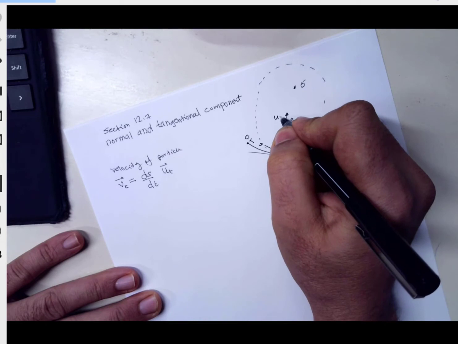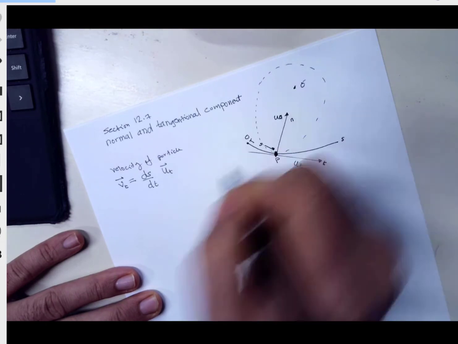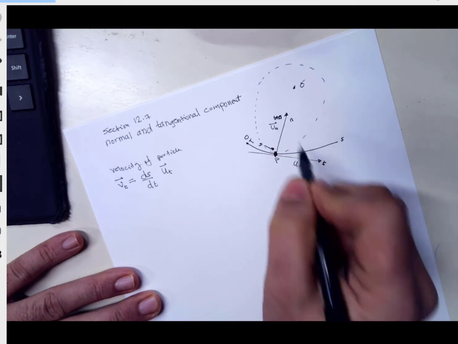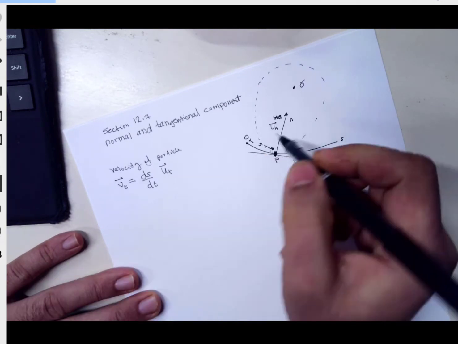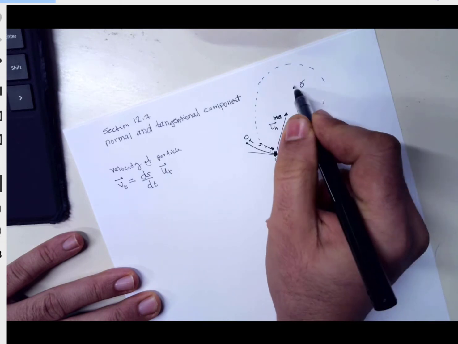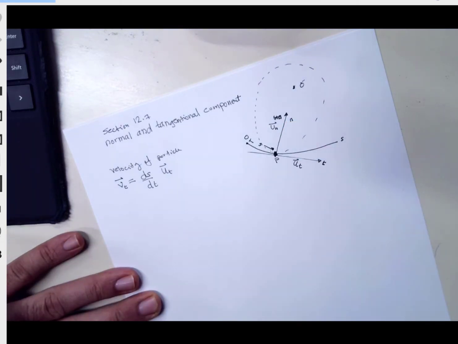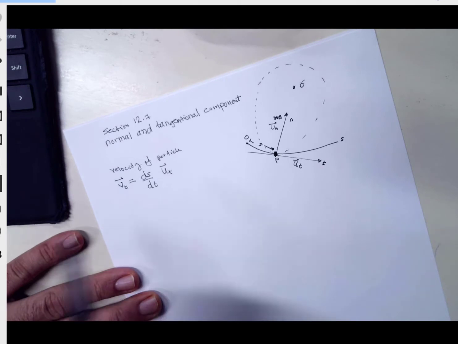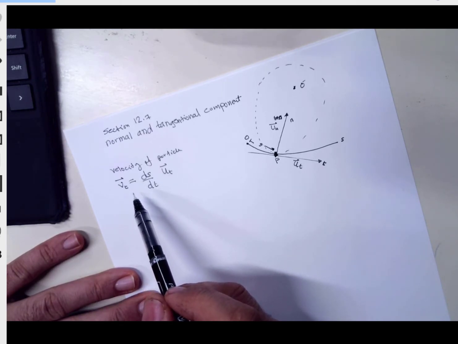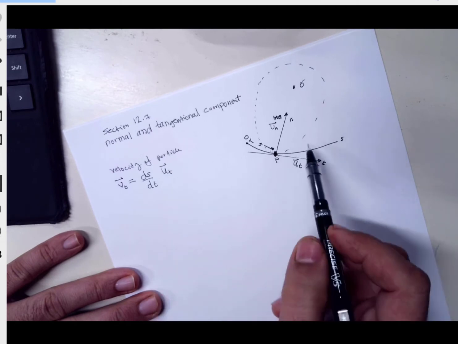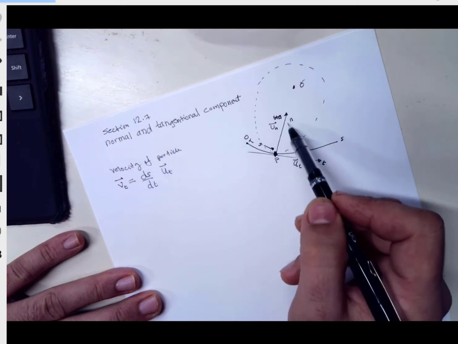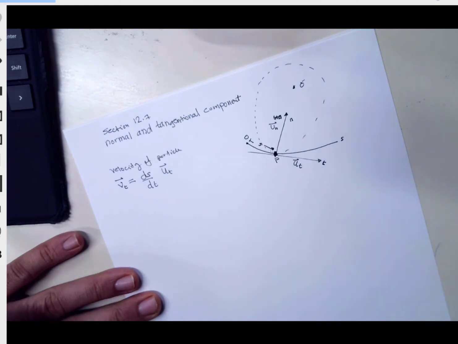Similarly, u_n is a unit vector that is normal to the tangent and passing through the center of the curvature. Because the velocity is always tangent to the path, we don't have any component of the velocity along the normal.